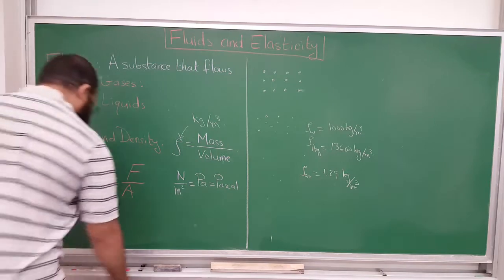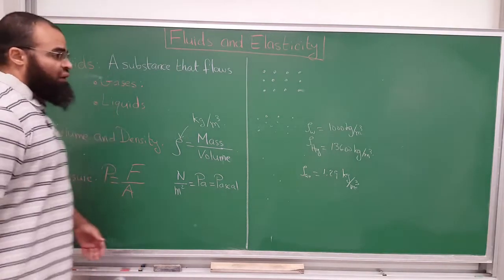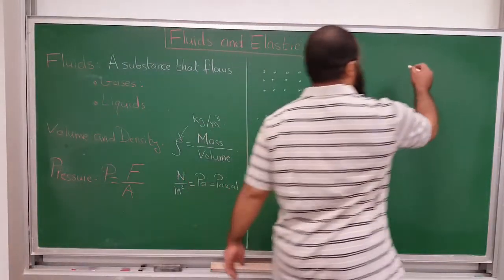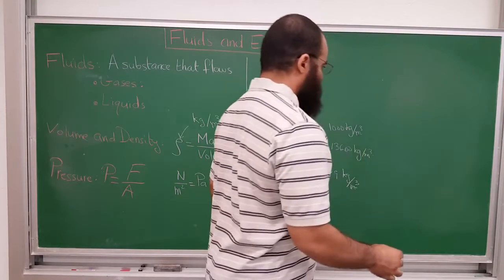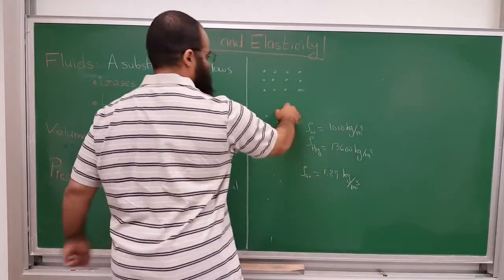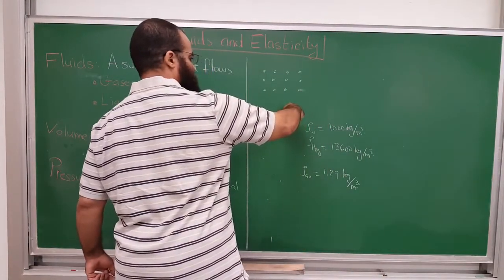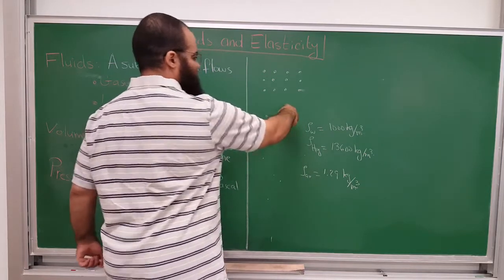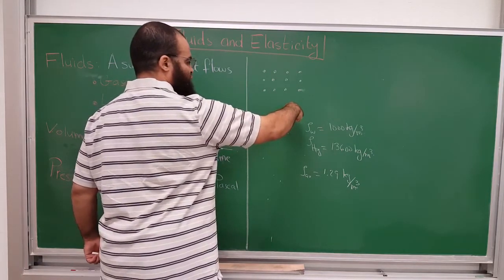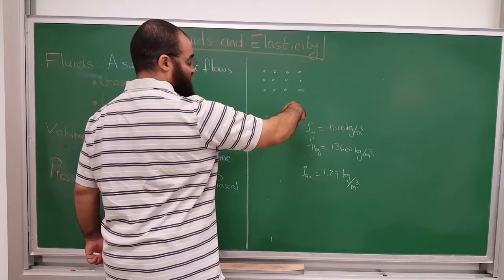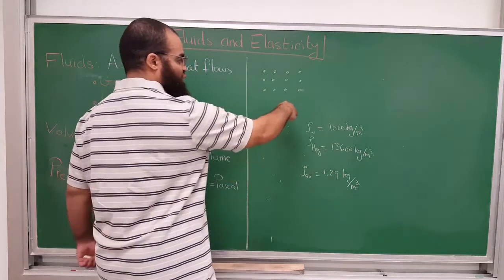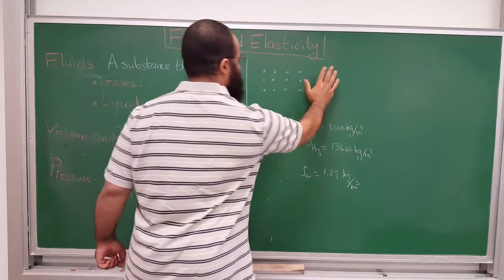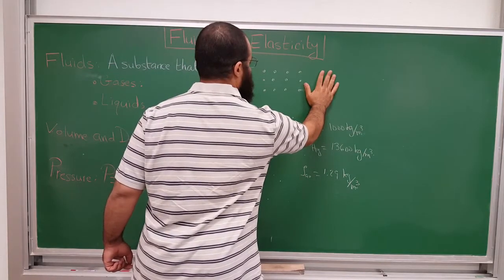So let me see here. For example, let's say I push on this board. I can apply a force of 1 Newton, and I'm free to apply the force. I can apply a force of 1 Newton by using the tip of my finger or using the palm of my hand.